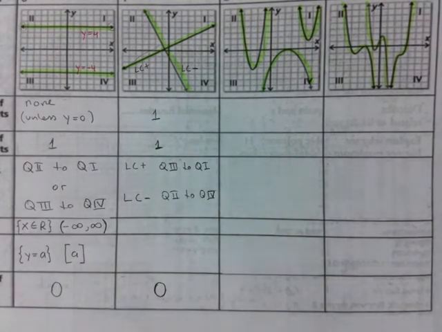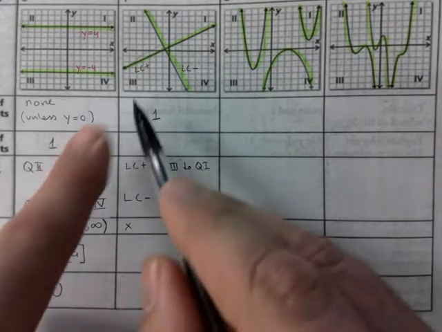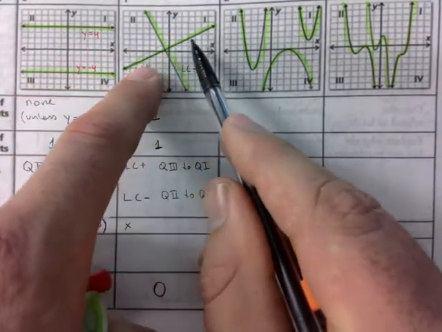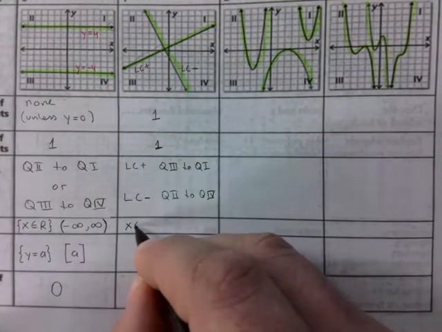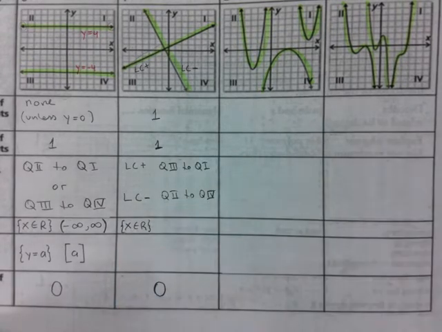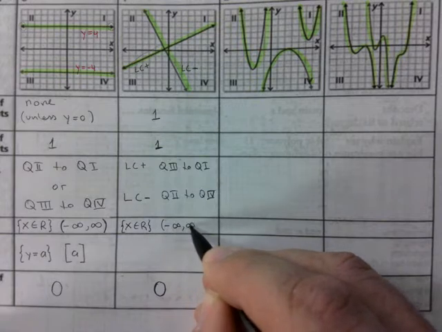Okay, now it's going to get more interesting here. The domain is still the same. If you look at the domain, the x values, this keeps on spanning indefinitely, so it's all real numbers. So we use the squiggly brackets for set notation, and it's still negative infinity to positive infinity.